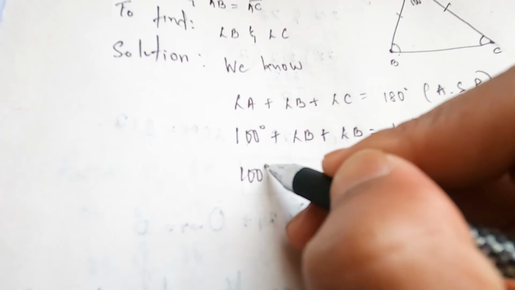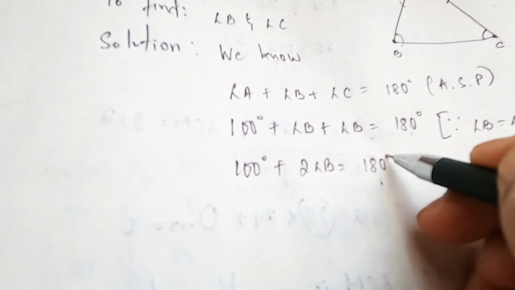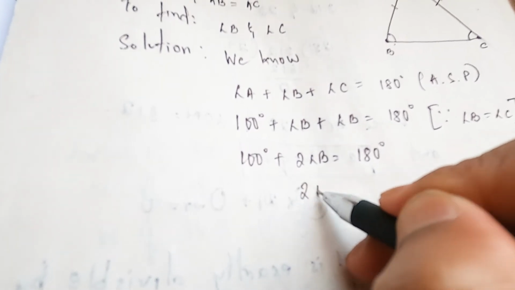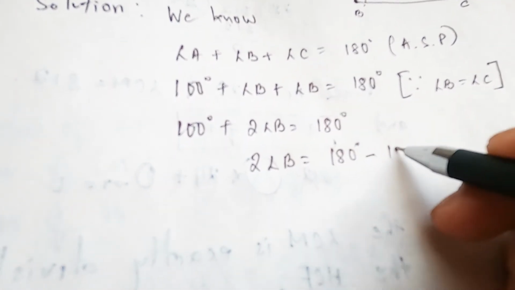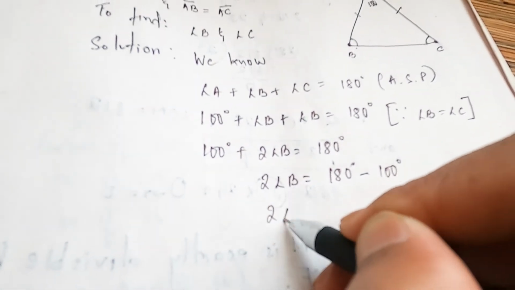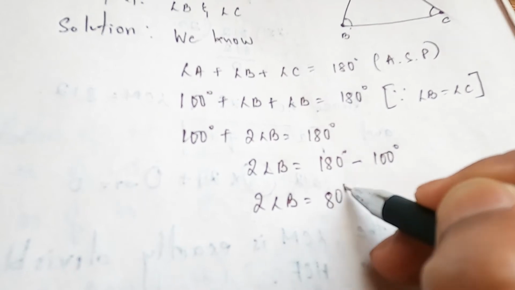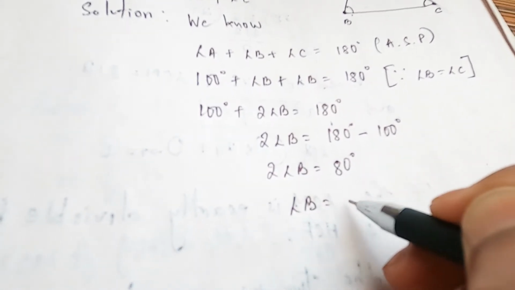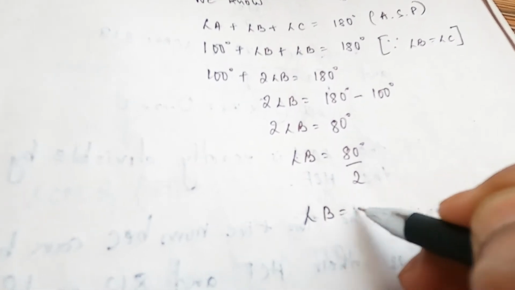So this will be 100 plus 2 angle B is equal to 180. So 2 angle B is equal to 180 minus 100. So 2 angle B is equal to 80 degrees. So angle B is equal to 80 divided by 2. So angle B will be 40 degrees.